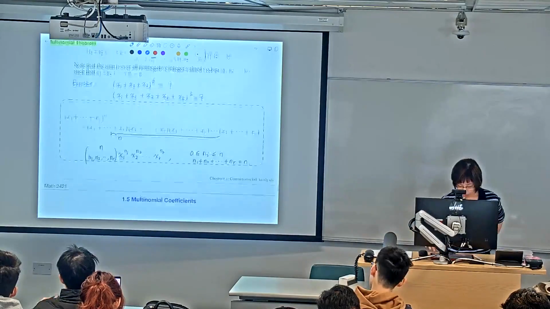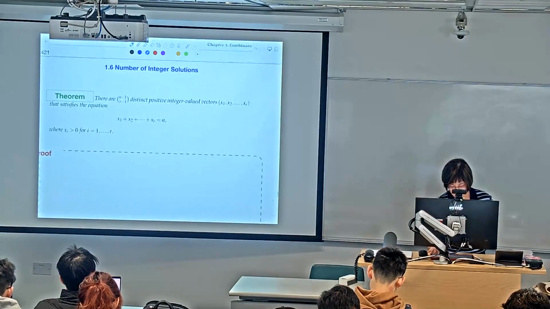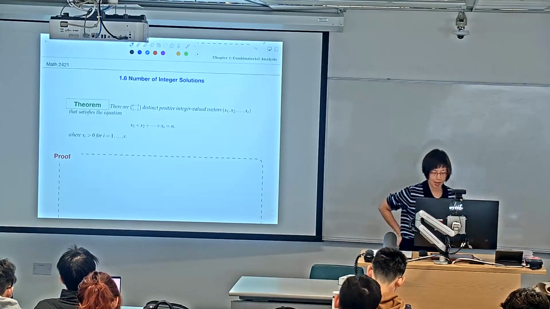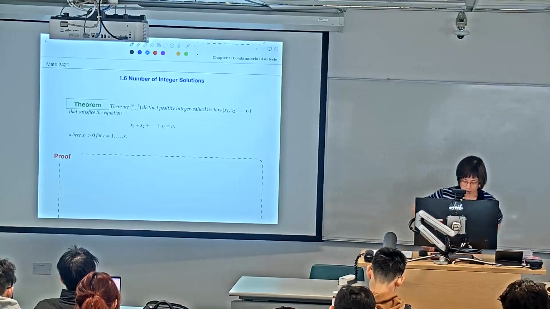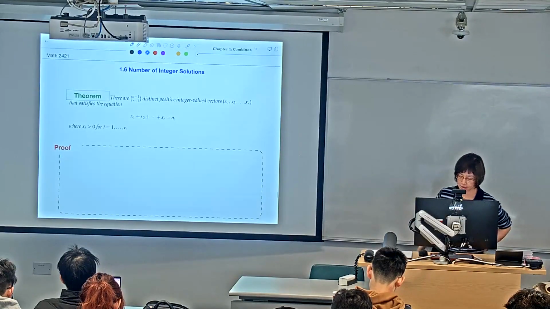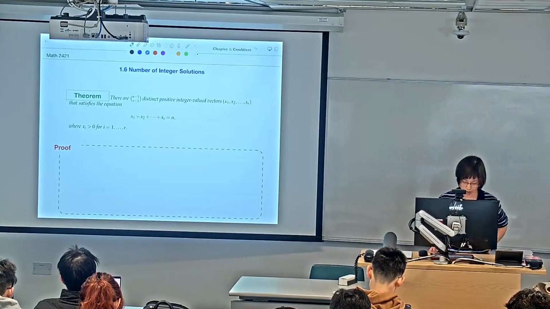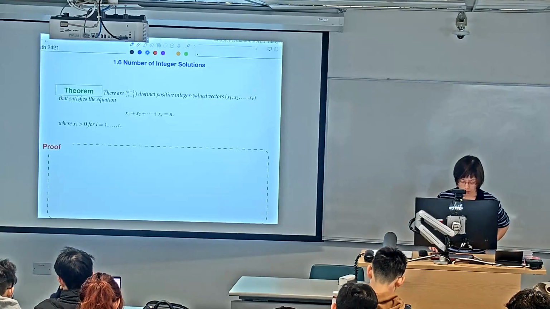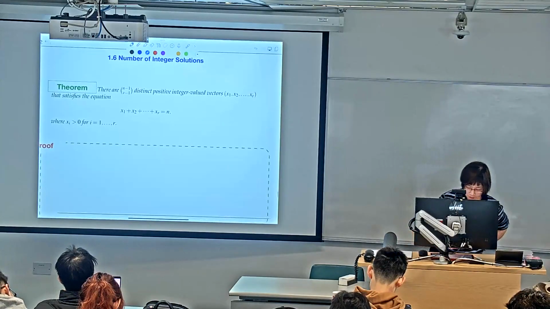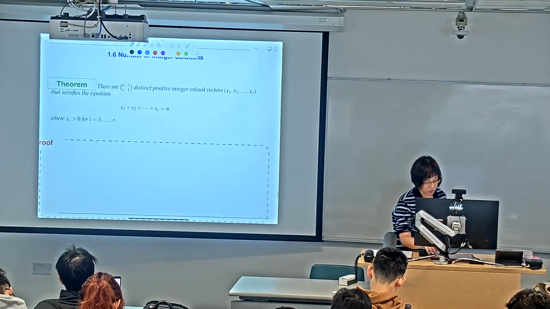Okay, so the last content for this chapter 1 is we're going to focus on a certain kind of counting problem. This can be expressed as finding the number of integer solutions for a linear equation. So let's find out this counting problem. We provide a proof here.